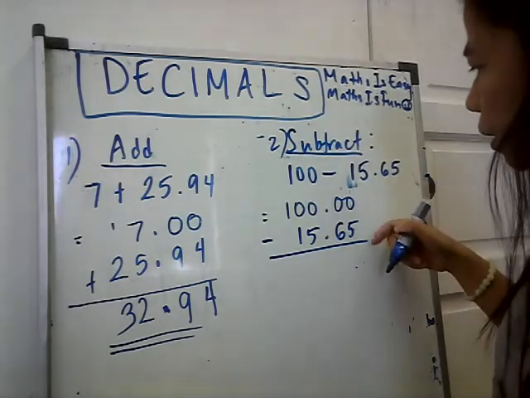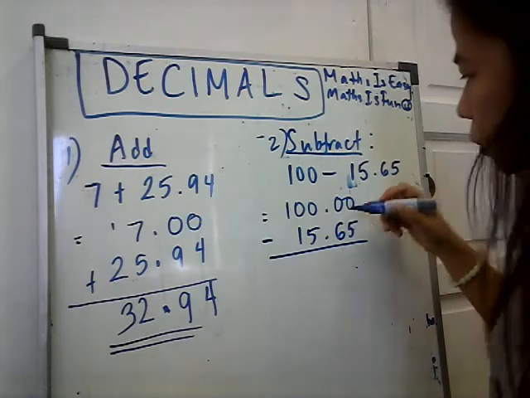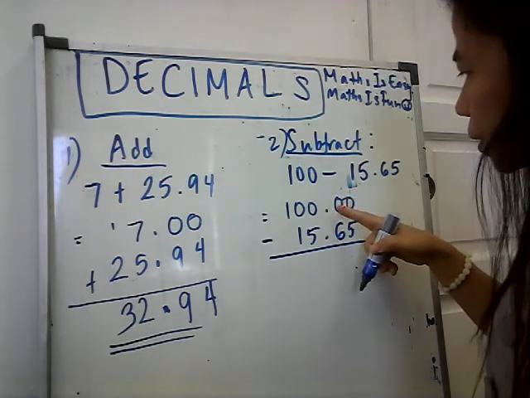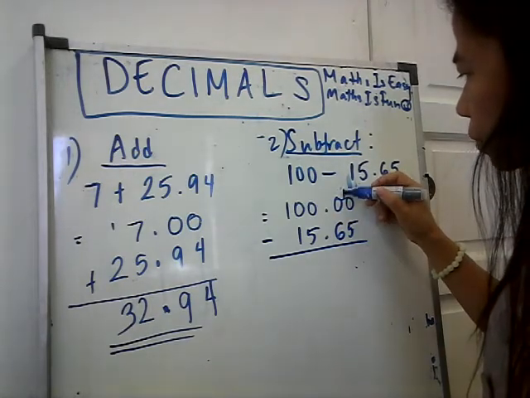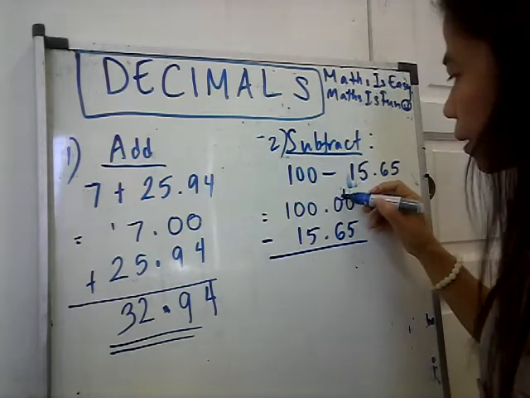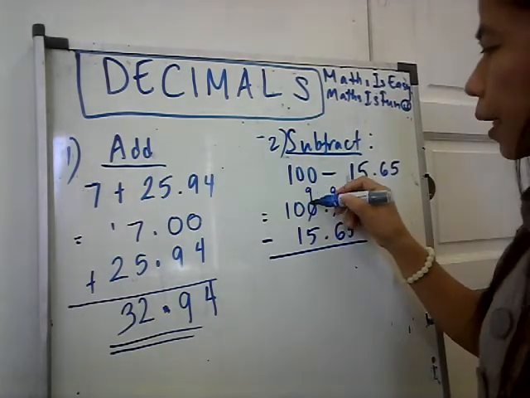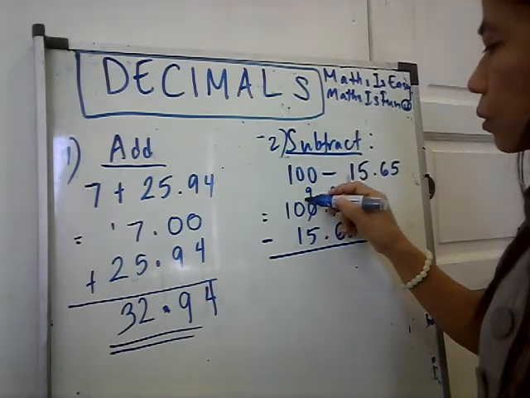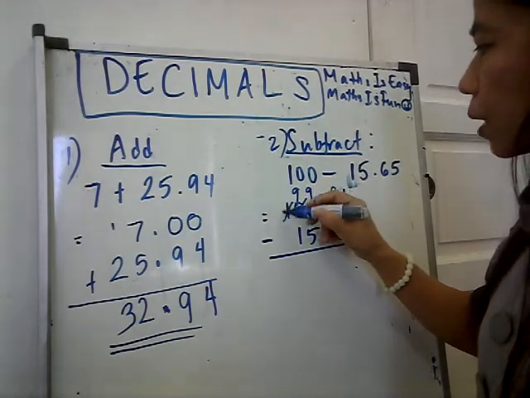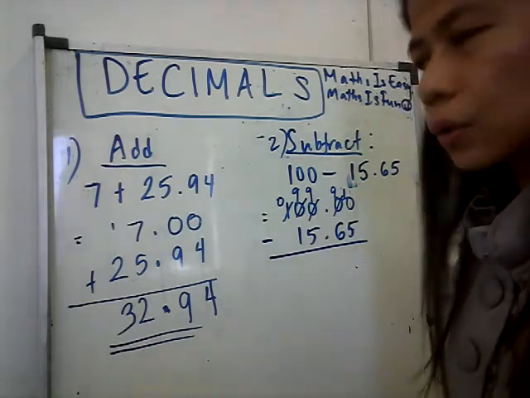0 minus 5, we cannot subtract it. So we borrow from the second 0. The first 0 becomes 10, and then this one becomes 9, and this becomes 9. This one also becomes 9, then 1 becomes 0.